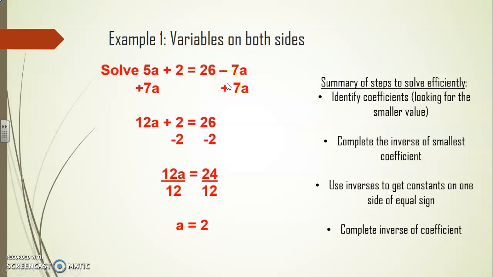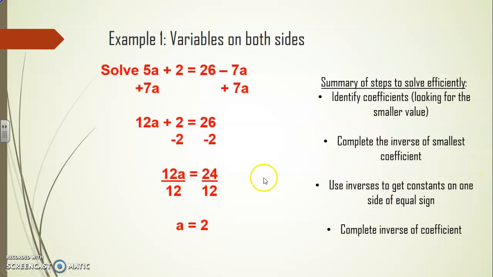I completed the opposite or inverse of that, which is adding 7 to both sides of the equal sign. Of course, this isn't the first and only step you could do. There are other things you could do, but it's definitely the most efficient way to solve the problem.